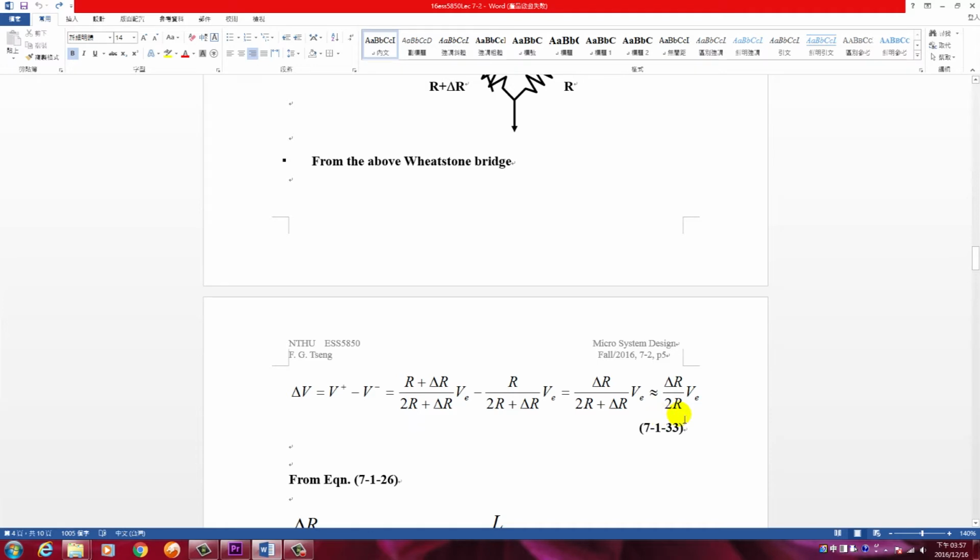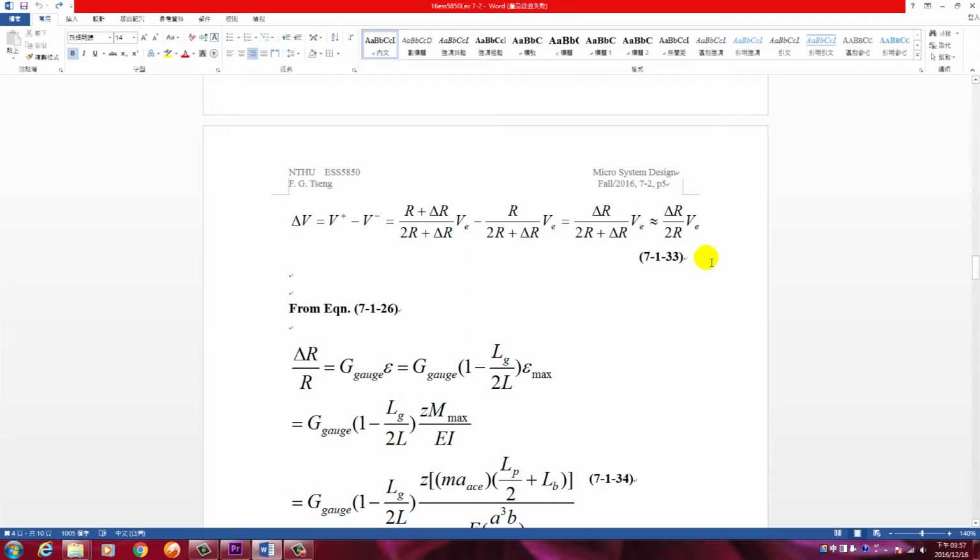V plus is a kind of voltage divider, so the voltage will be divided by the resistance at the bottom here. The total resistance will be 2R plus delta R, and the voltage divided here will be R over 2R plus delta R. The other one is divided by this one.